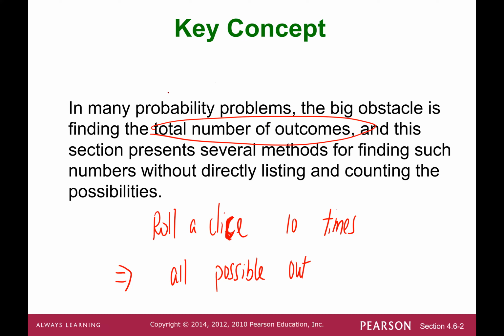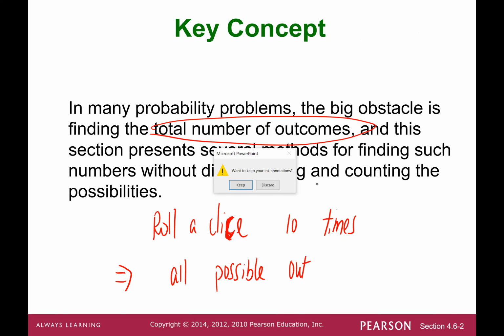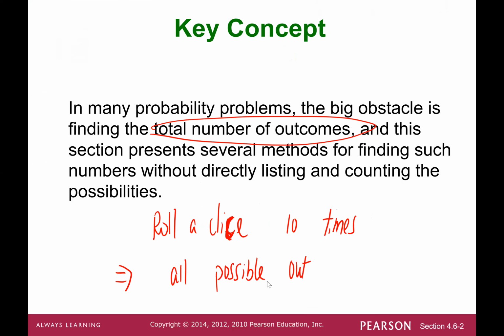I just presented you an interesting issue in probability, which is throwing dice. Throw dice like 10 times, then it would be extremely difficult to find all these possible outcomes. Okay, make sure I share the screen properly one more time.